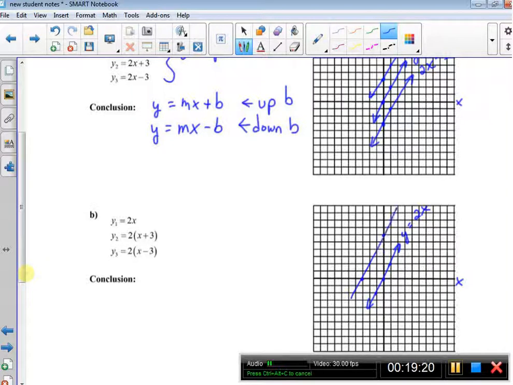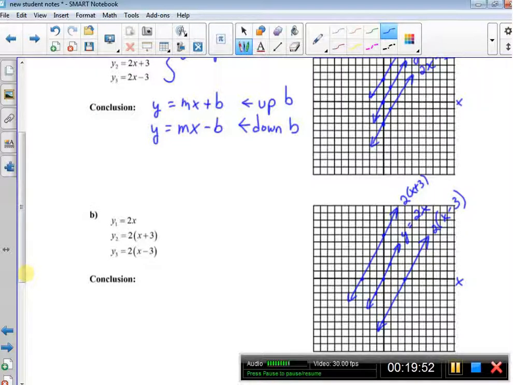So there's 2 times x plus 3, and if you graph the other one, which becomes 2x minus 6, it actually goes through the x-axis at 3, 0. So what we say is happening, so this one is 2 times x plus 3, and this one was 2 times x minus 3. So what we say is happening here is it's moving left and right, the amount.